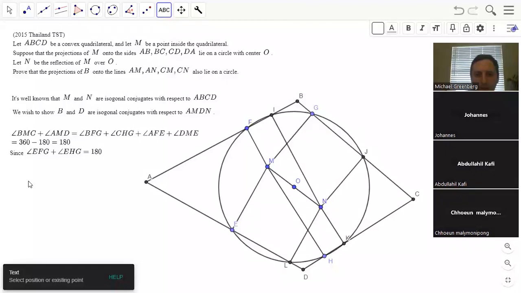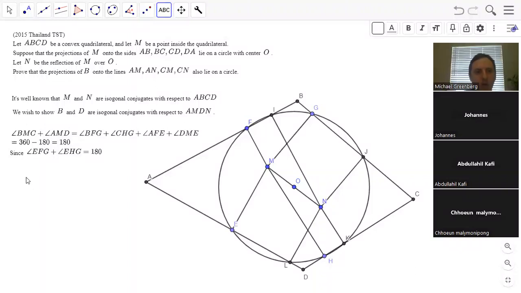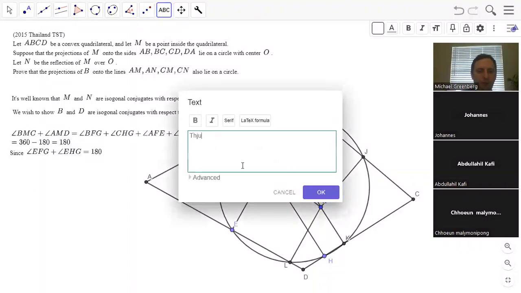So thus B and D are isogonal conjugates with respect to AMCN.